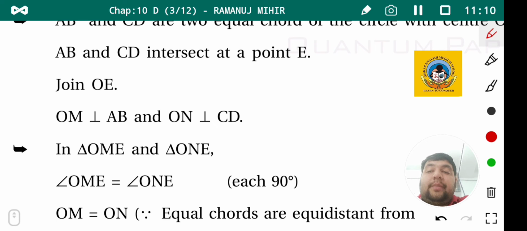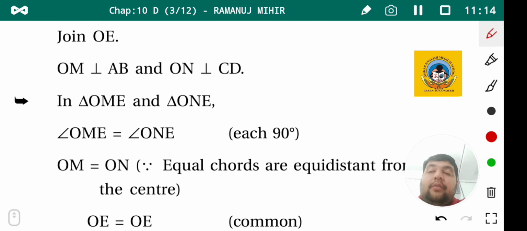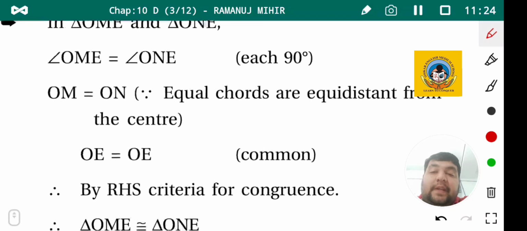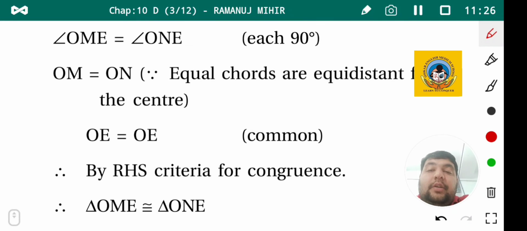So in triangle OME and triangle ONE, angle OME and angle ONE will be equal because each angle is 90 degrees. OM is equal to ON because equal chords are equidistant from the center. OE is equal to OE.